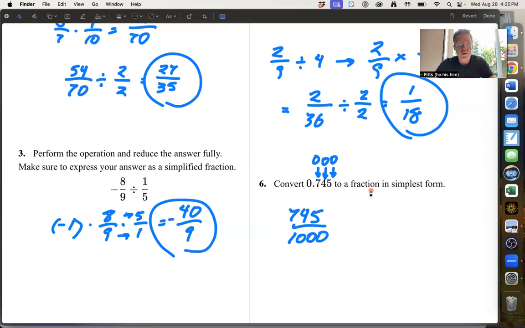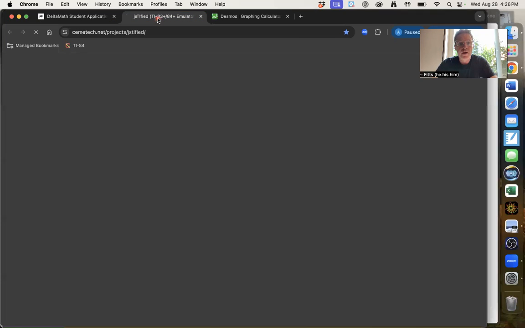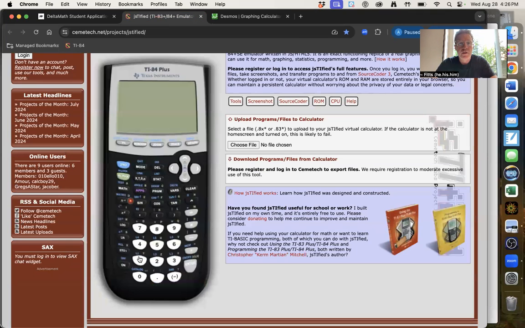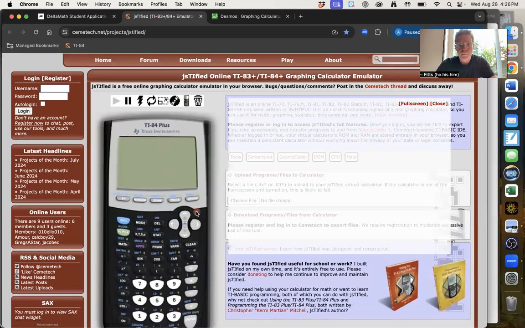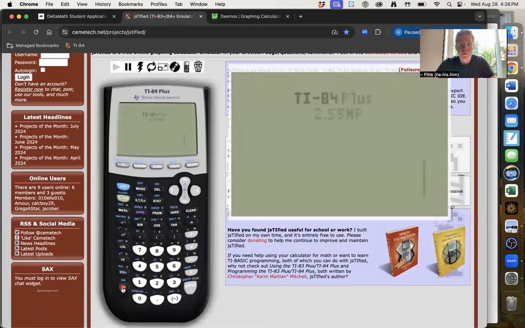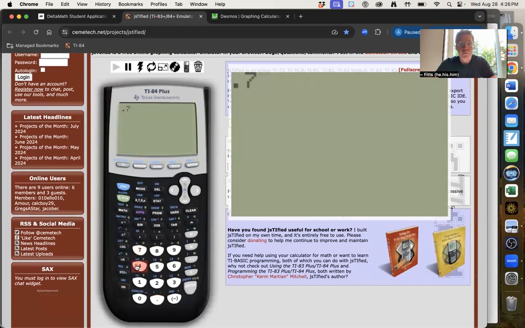I wanted to show you a calculator trick. This is a very useful trick. If you have a graphing calculator, which we will have in class, let's turn it on. If we said 0.745, enter.